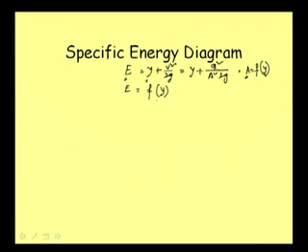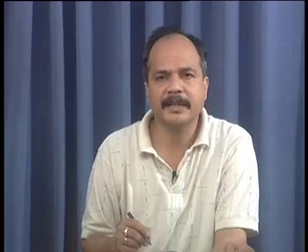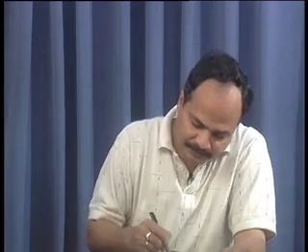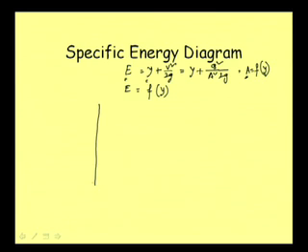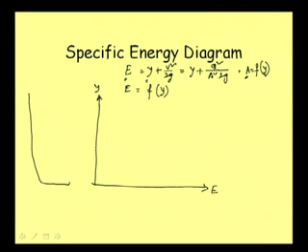So when we plot E versus Y, that is, change Y and calculate what E is, we get a graphical plot of E versus Y, and that particular plot is referred to as the specific energy diagram. Well, now, without going to any definite value, let us take Y plotted in this direction and E in this direction, and let me draw the channel on this side.